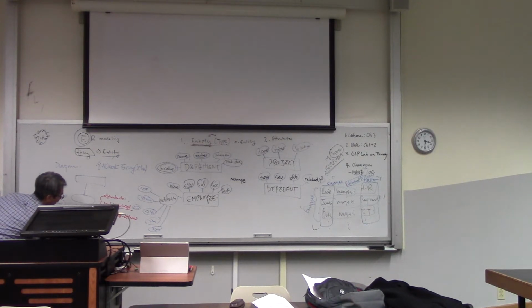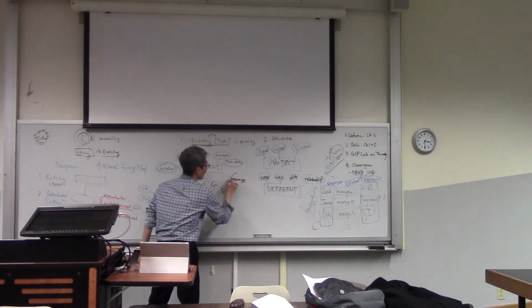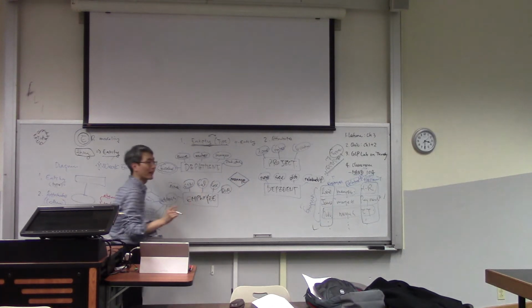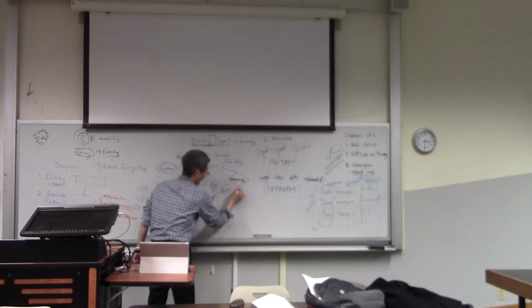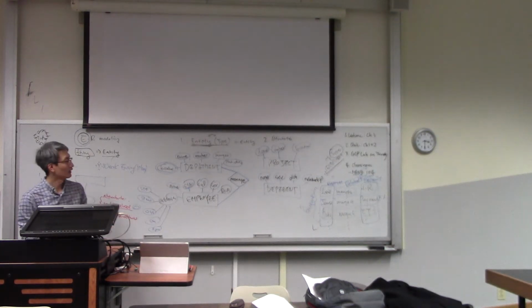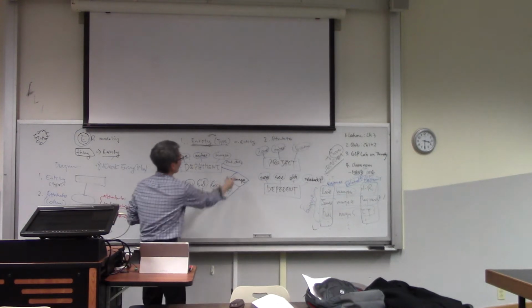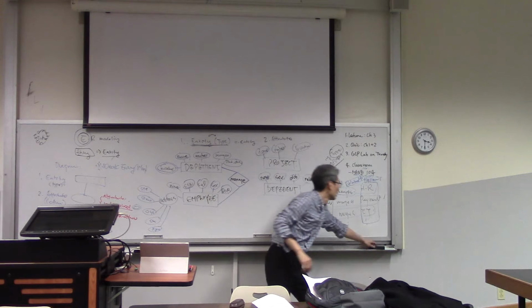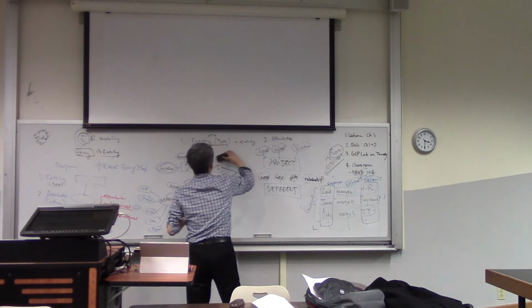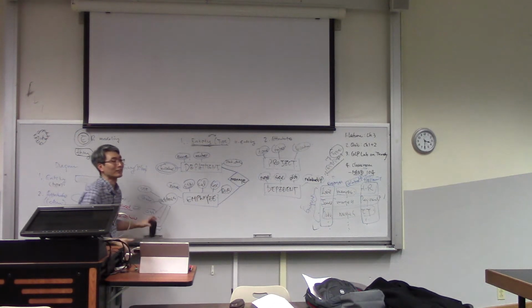To represent such a relationship type, we are going to use this diamond symbol. So for example, this one, manage. Then connect the corresponding entities. Manage. Then we don't need this because it's a minus.